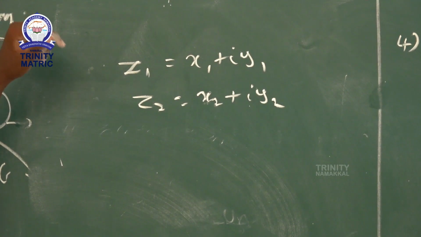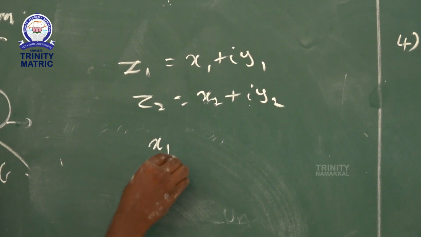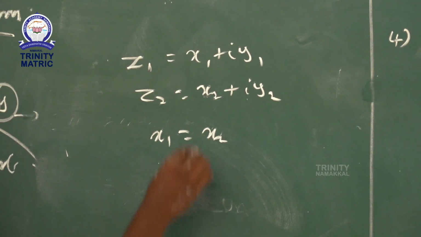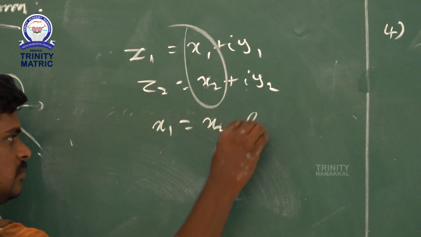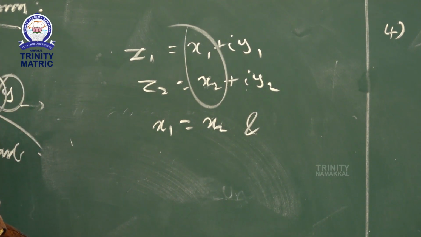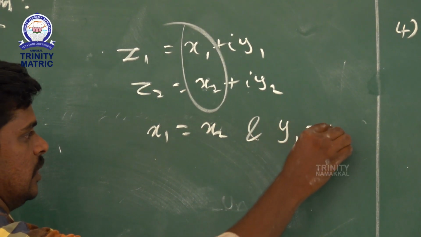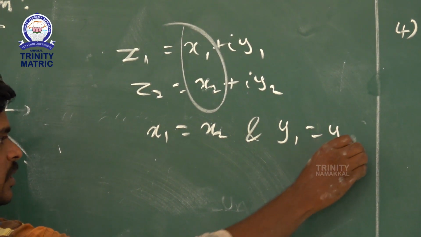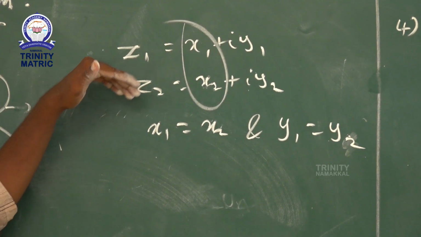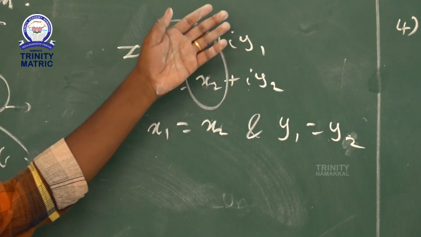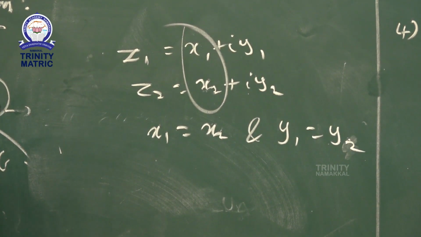These two complex numbers are equal if and only if x1 and x2 are equal, the real parts are equal, and the imaginary parts y1 and y2 are also equal, y1 equal to y2. Two complex numbers are equal means the real parts are separately equal and the imaginary parts are also separately equal. This is the equality of two complex numbers.